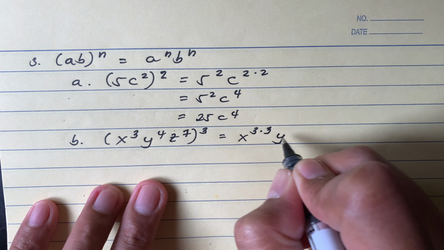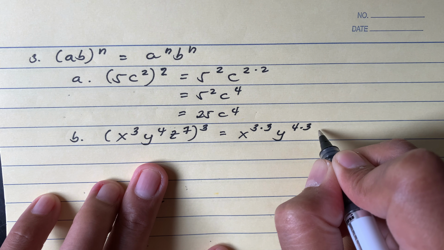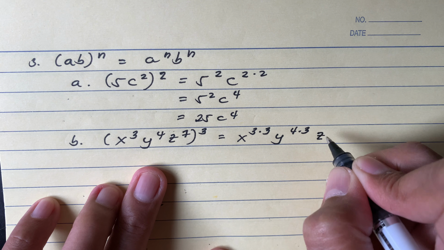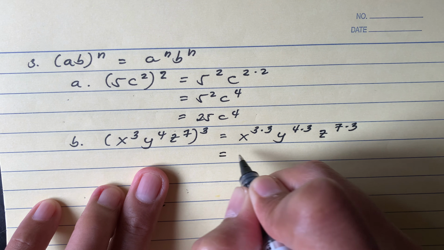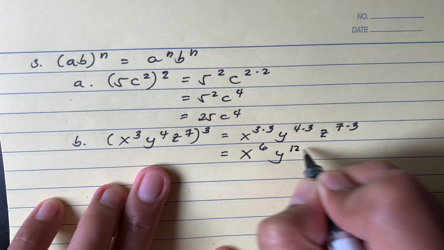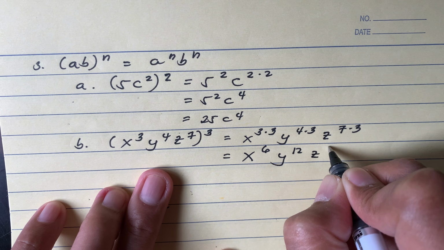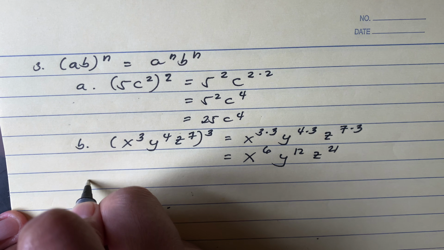We have y raised to the product of the exponents 4 and 3. And we also have z raised to the power of the product of 7 and 3. So we will be getting x raised to the power of 6, y raised to the power of 12, then z raised to the power of 21. This is the answer.